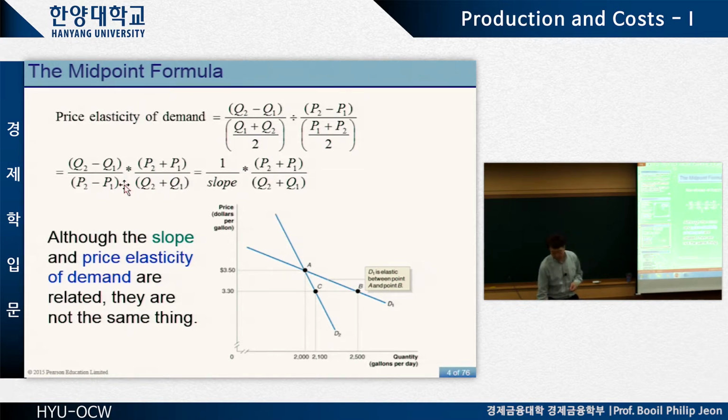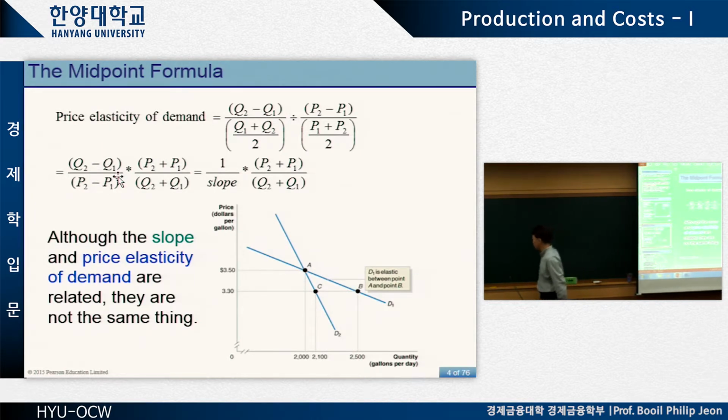Anyway, this first term is actually 1 divided by the slope, or the inverse of the slope, times this other term.